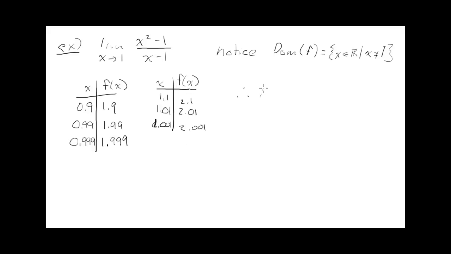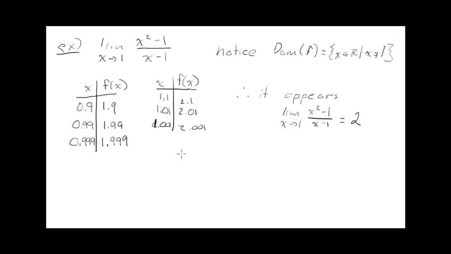So it appears that the limit as x goes to 1 of x squared minus 1 over x minus 1 is equal to 2. In this case, you couldn't just evaluate this at 1 because the function doesn't exist at 1.